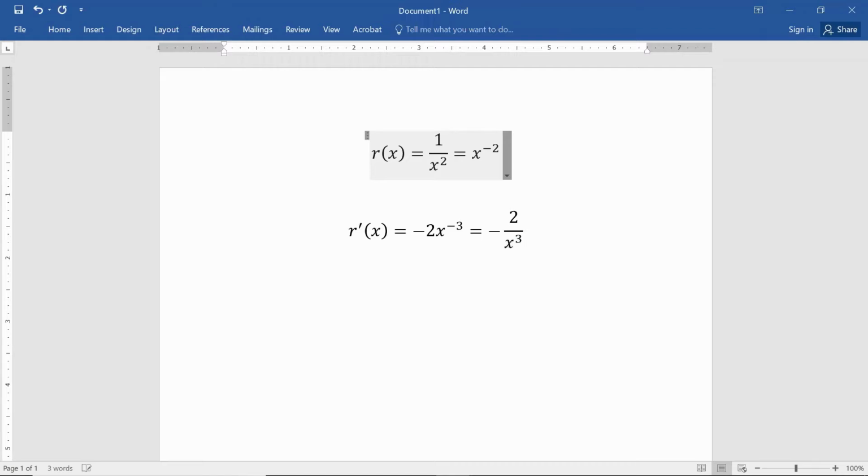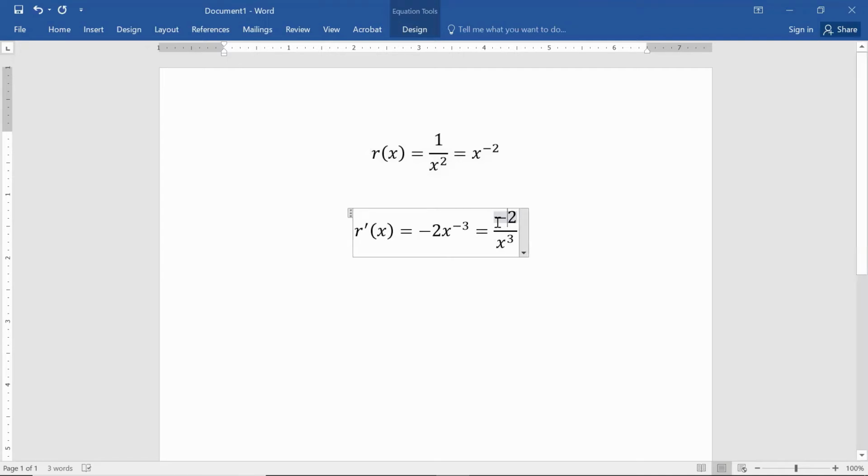If I'm looking for critical points, this fraction can never be 0 because we have no way of getting 0 in the numerator. But this fraction could have a situation where the first derivative does not exist.